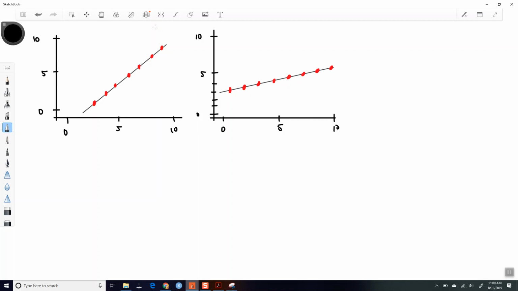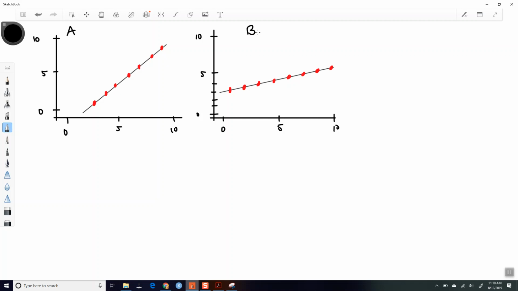So the question is, which one has a greater correlation? Say this is Scatterplot A versus Scatterplot B. Which plot has the larger correlation, the larger value of R?